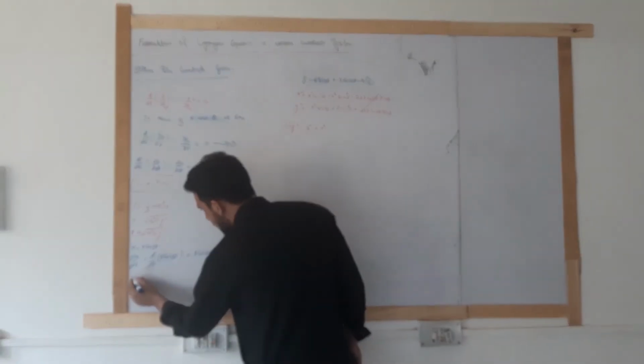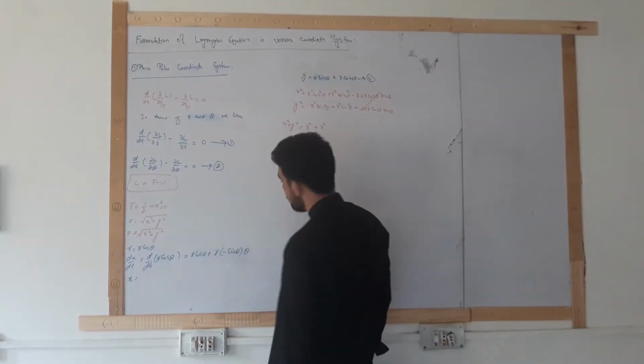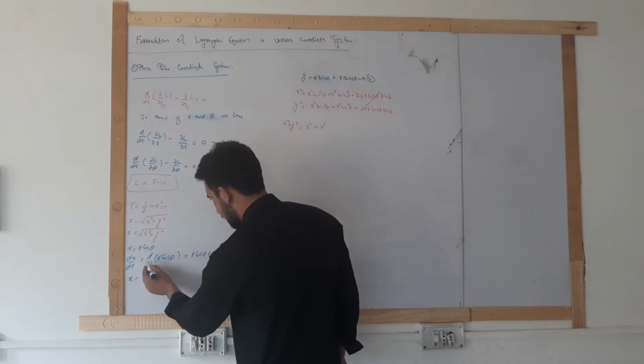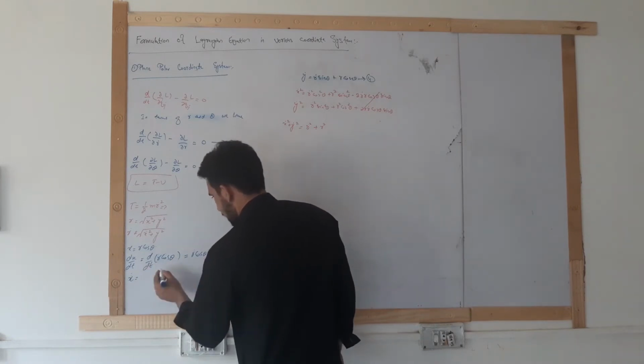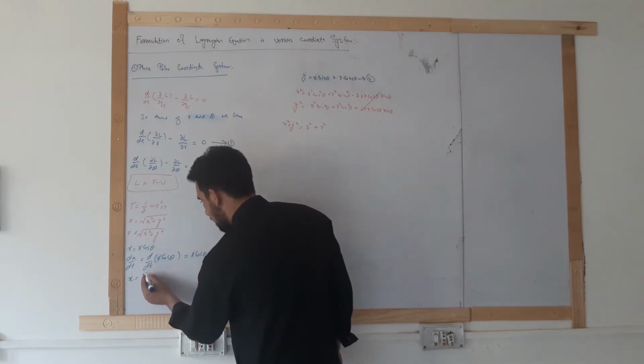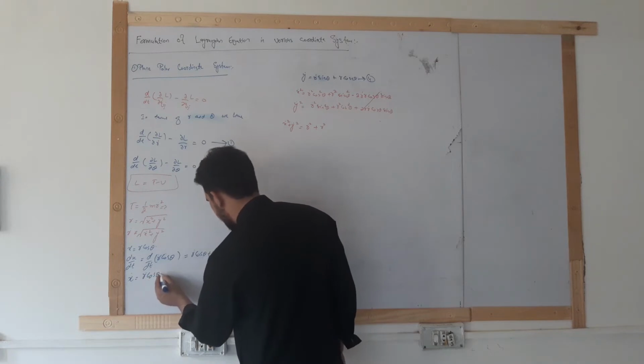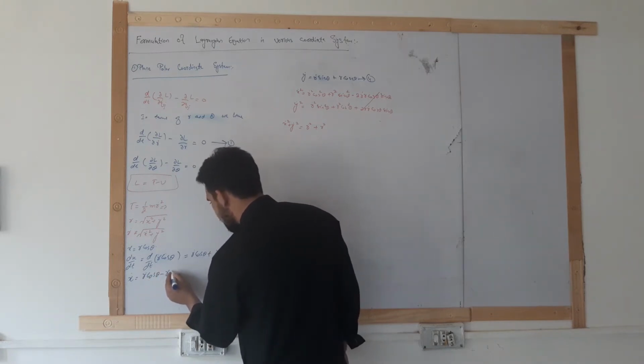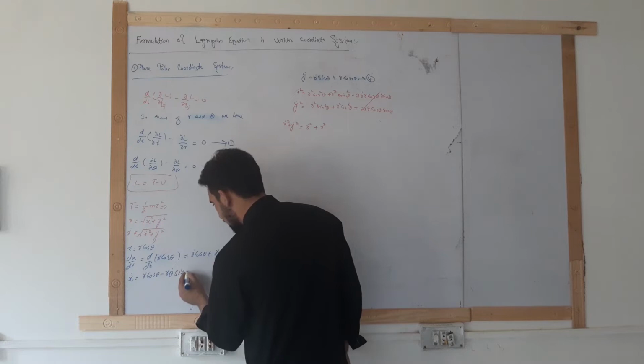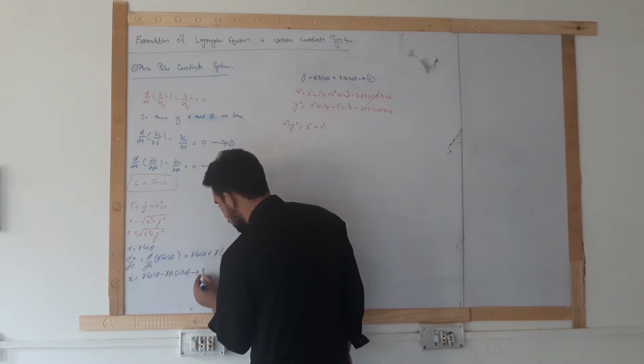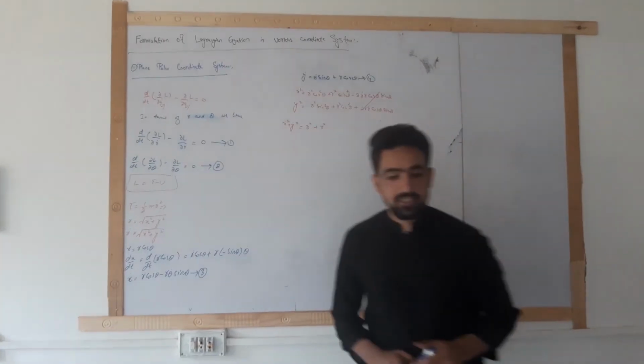So x dot is equal to r dot cosine theta minus r theta dot sine theta. Let us call this equation number 3.